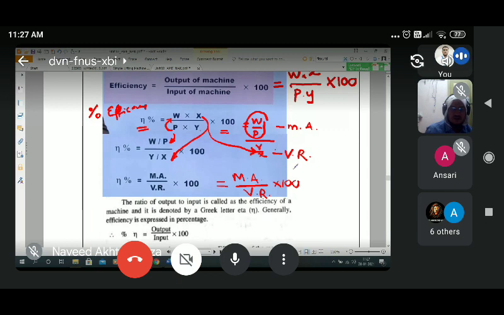I think you have understood what the input, the output, and the efficiency of a machine are. The ratio of output of the machine to the input of the machine in percentage is called efficiency. When we put all the values, we conclude that efficiency is the ratio of mechanical advantage to the velocity ratio into 100. This eta is the Greek letter generally denoting the efficiency.